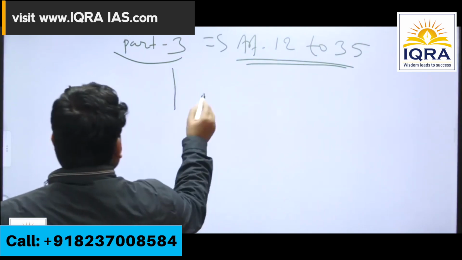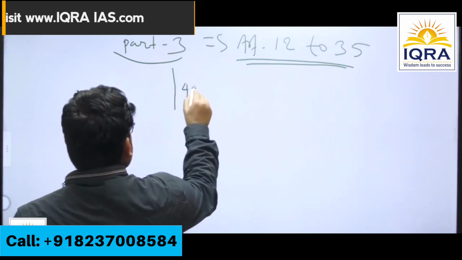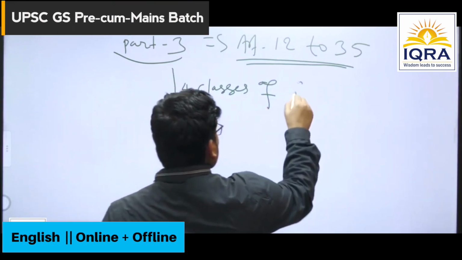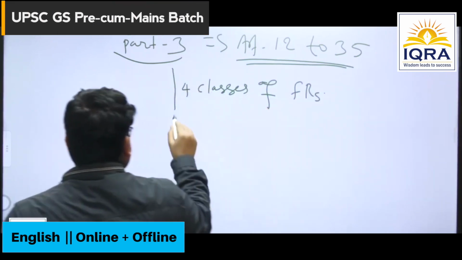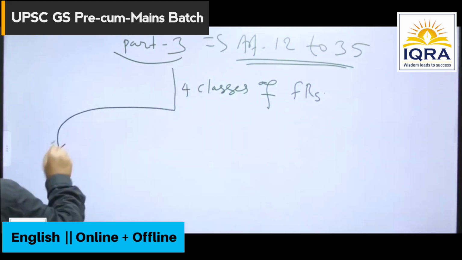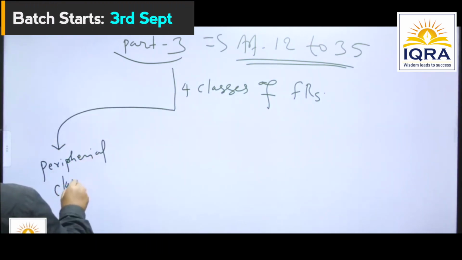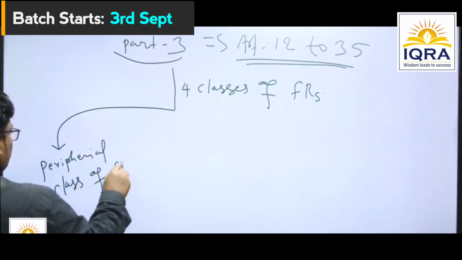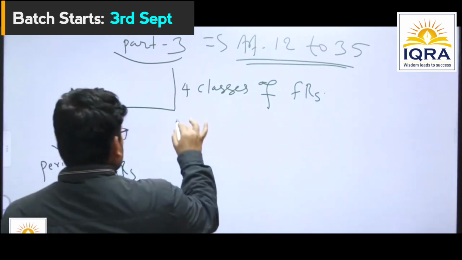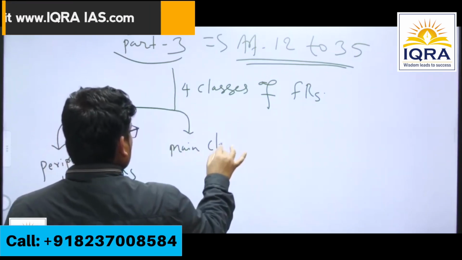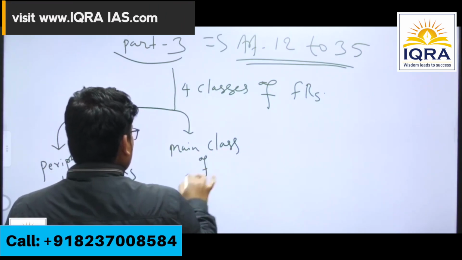Look. Four classes of fundamental rights. One is the peripheral class of fundamental rights. Other is the main class of fundamental rights.